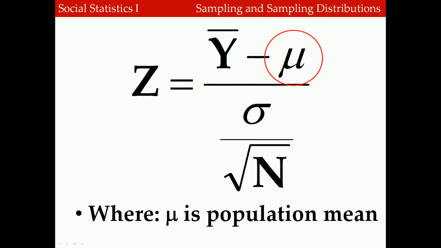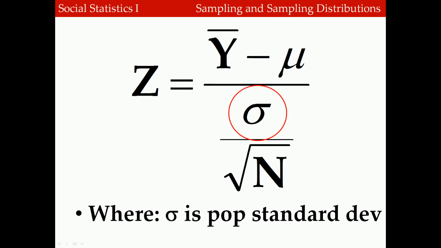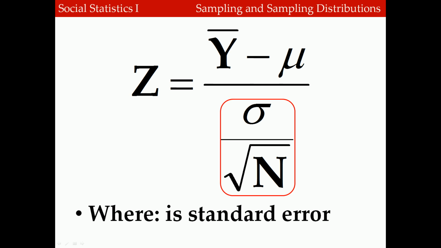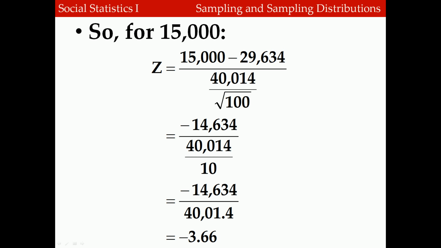So that's because the population mean is equal to the mean of the sampling distribution. We're also going to divide that value by the true population standard deviation, sigma. And that's being divided by the square root of n, the sample size. So the denominator of this formula is the standard error. And remember that we have to do this because the amount of variation in the sampling distribution differs based on the sample size.